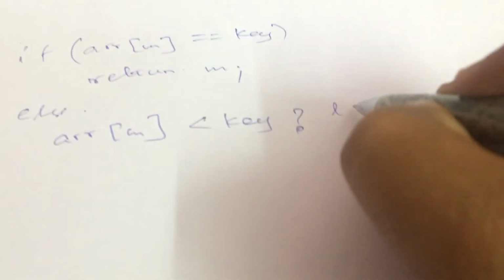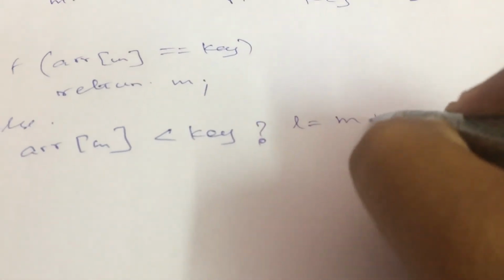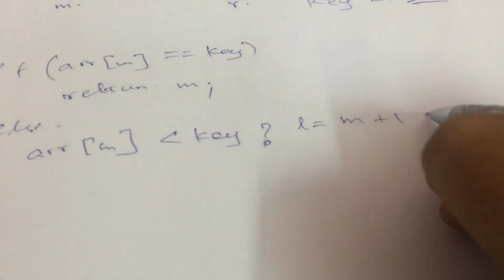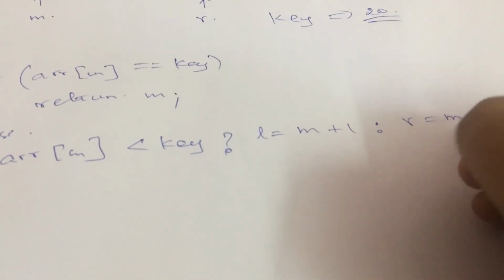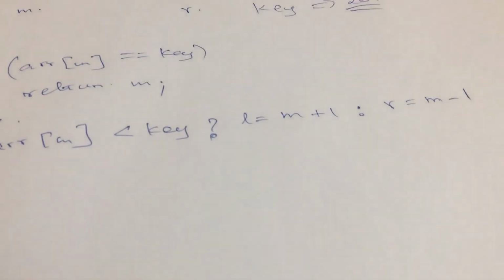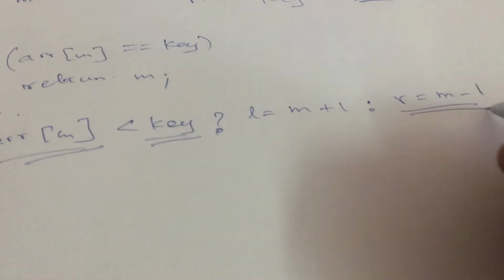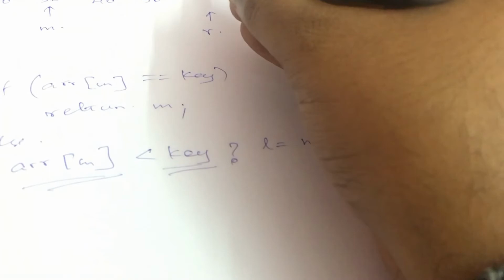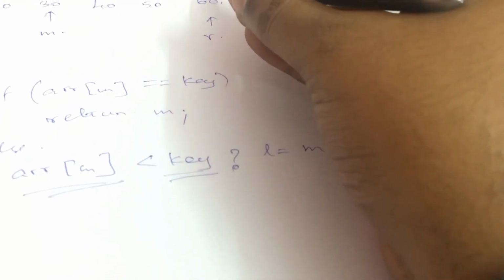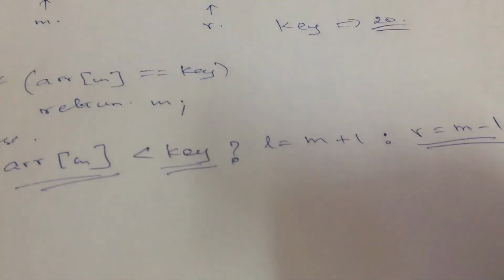If it is less than the key element, then I need to change the L value, else I need to change the R value to M minus 1. So this is what I want to do. Here array of M is greater than key, so we have to make the change R equal to M minus 1. So now R is pointing to 5. So R value will be M minus 1.